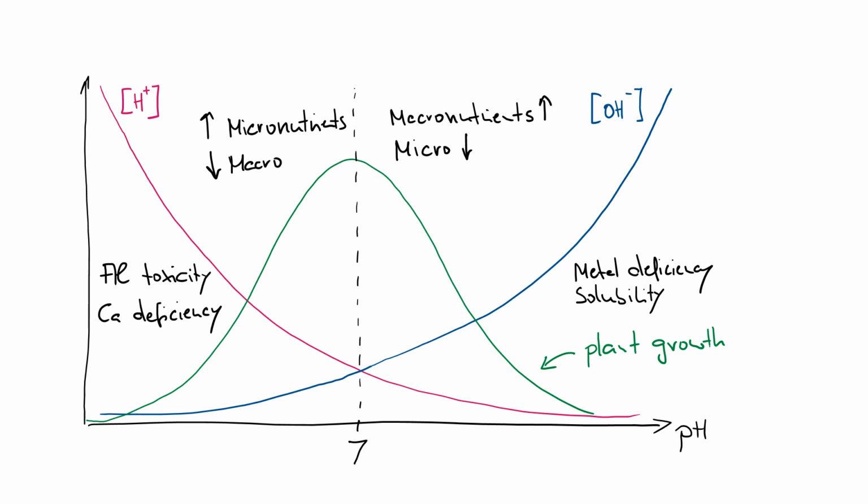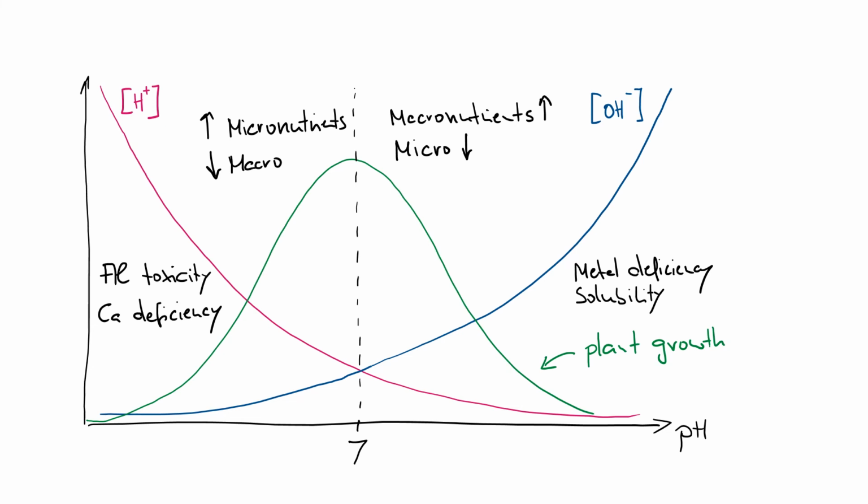Now, if you go to the extremes, to really alkaline conditions, the solubility of metals, and most micronutrients tend to be metals, is so low that plants are really stunted by the lack of availability of these micronutrients. And if you go to the other end, to acidic soils, then you see the aforementioned aluminum toxicity.